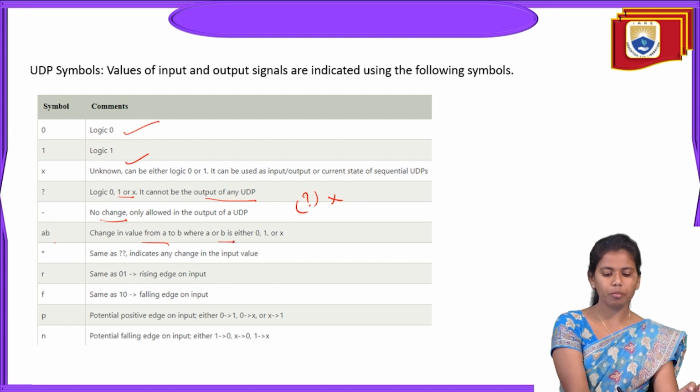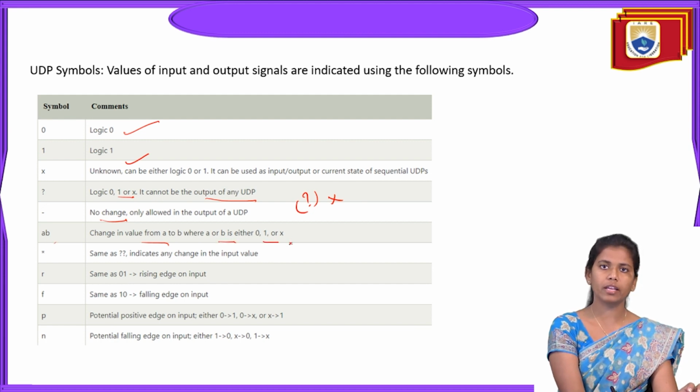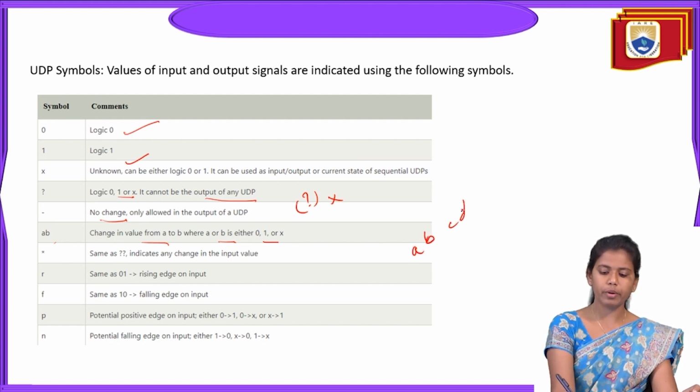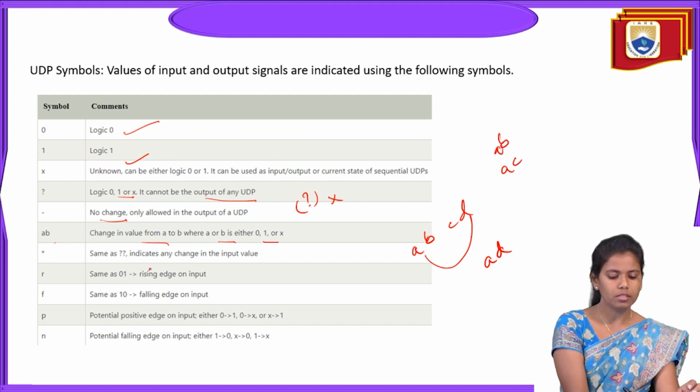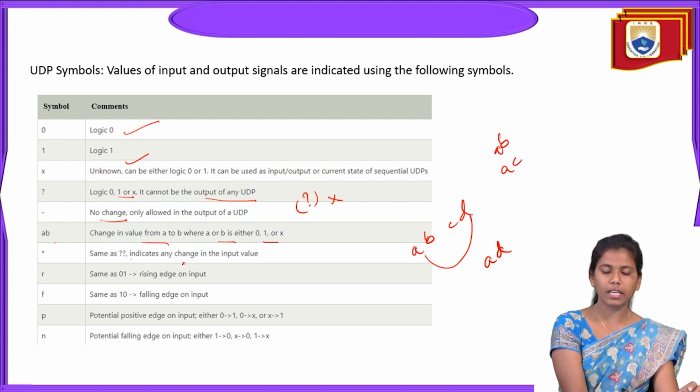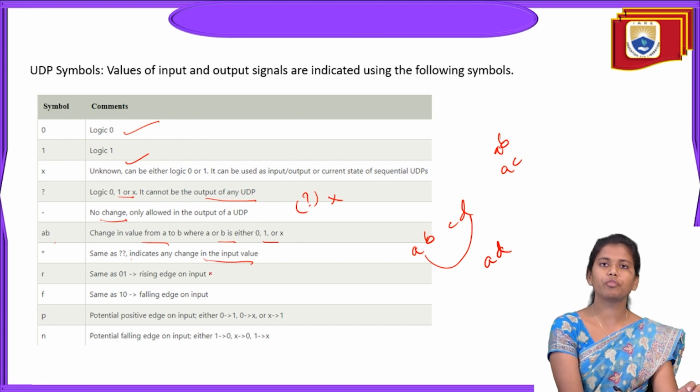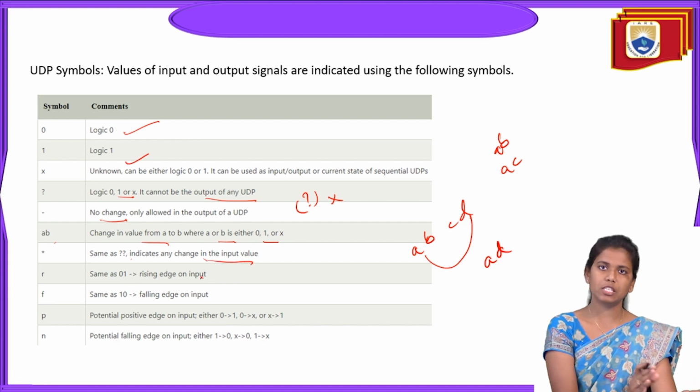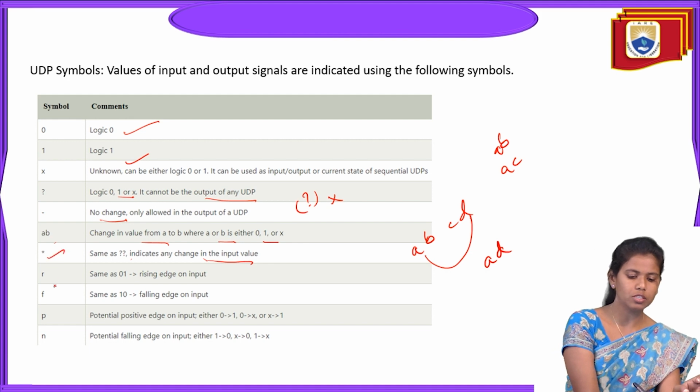Otherwise, A or B is either 0, 1 or X. So if there are four values and you want to change between A and D, you can go with AD, or else AC, AB, like that. Then star, same as double question mark, indicates any change in the input value. If you want to change anything with respect to the input values, you have to use this symbol.